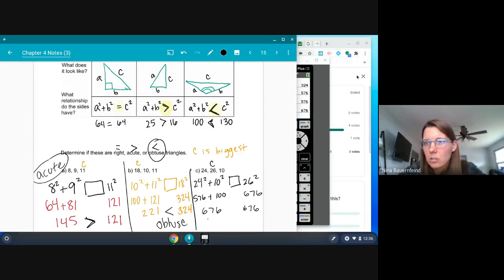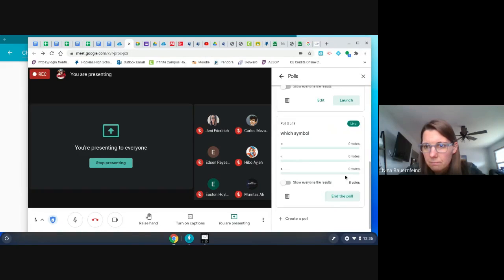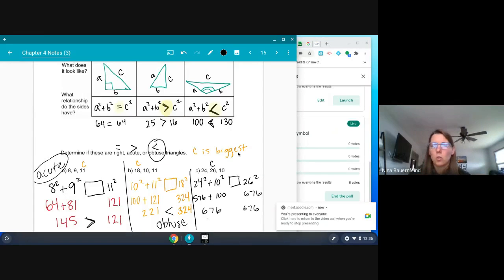So the next question that I have is this one. Okay, so I want everybody to answer that poll question. Which one is the appropriate symbol? Which symbol do we use?